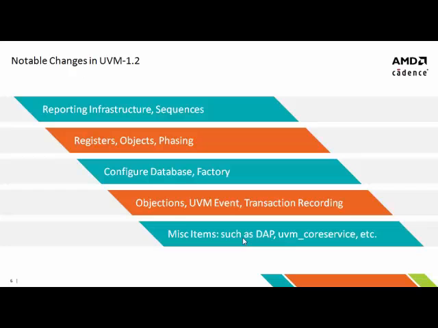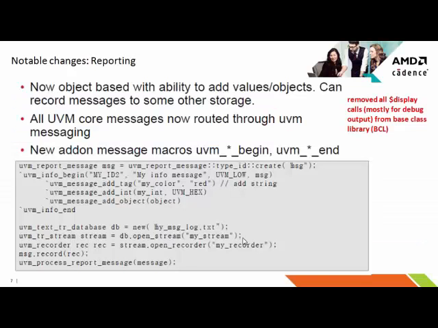It has now become object-based, which allows us to add values and objects to our messages. The code snippet here is an example where they're adding a tag of my color and the color red to the message.